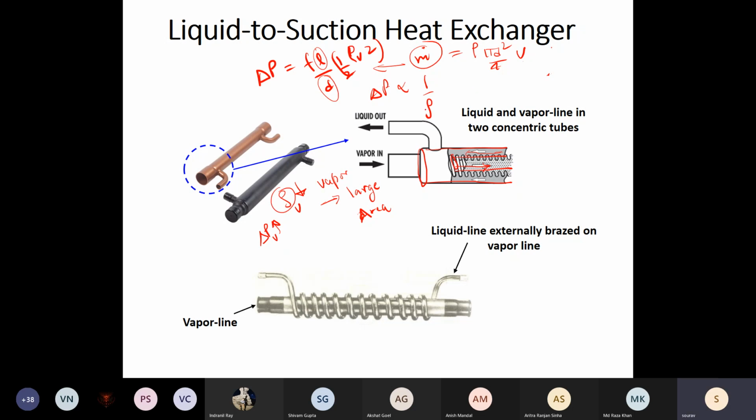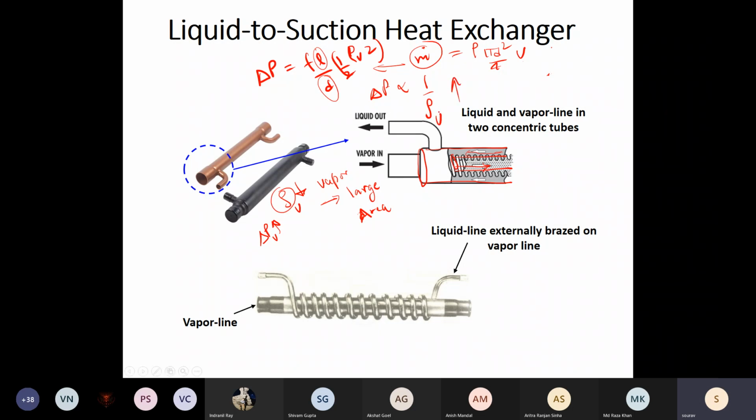So any fluid which has higher density will lead to lower pressure drop as long as the length, diameter, and mass flow rates are constant, compared to a fluid which has a lower density. So a lower density will lead to higher pressure drop, and higher density will lead to lower pressure drop.